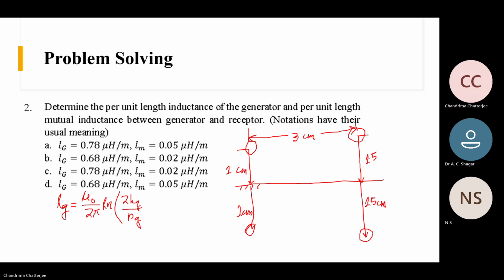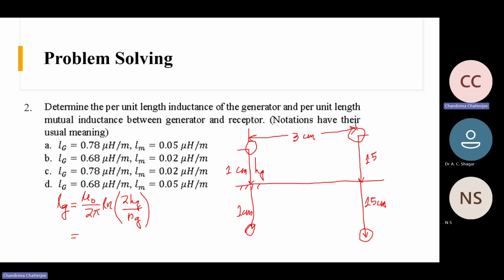Okay. This is Hg. That refers to the height of the conductor from the ground plane. And Rg is the radius.